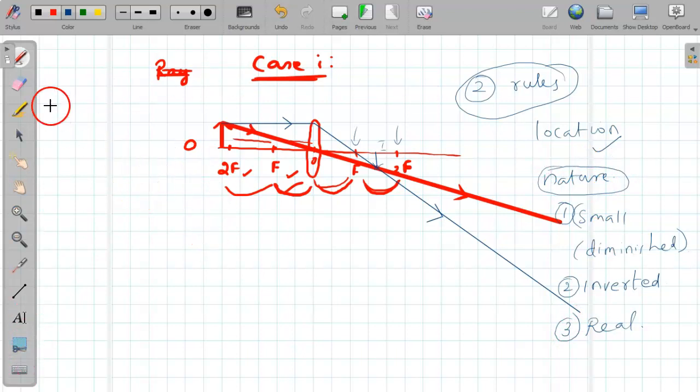Now, if examiner asks to draw three rays to find the location, what we have to do? The third rule. We have to follow the third rule.